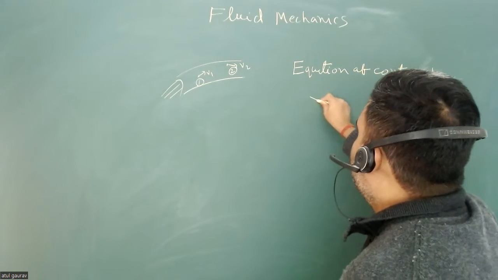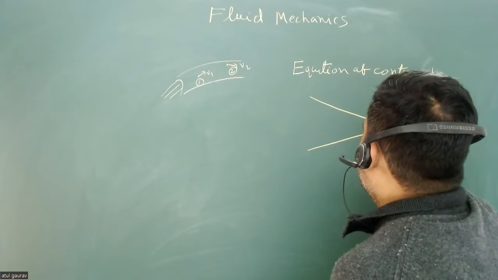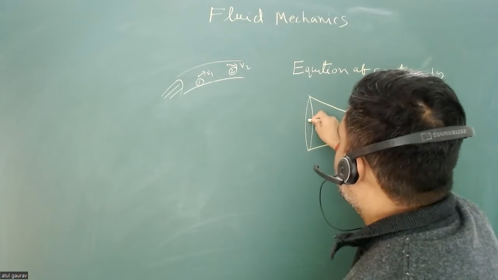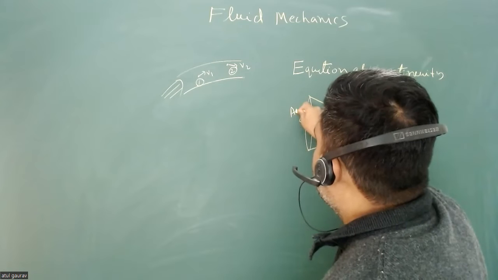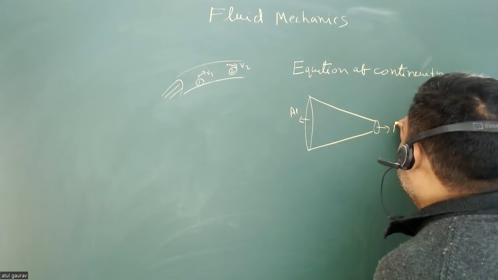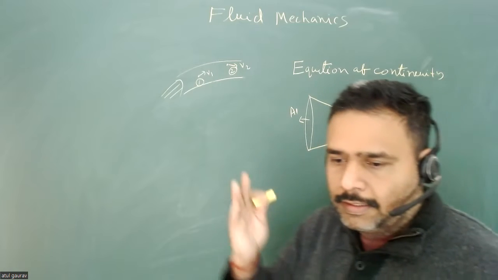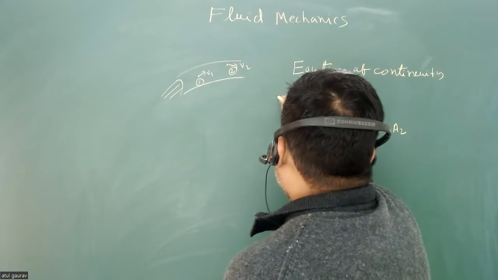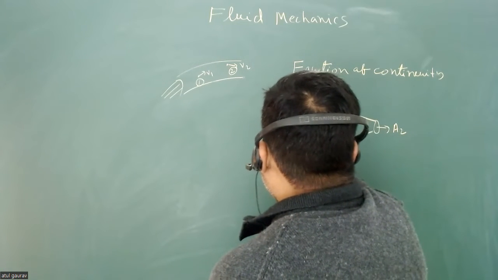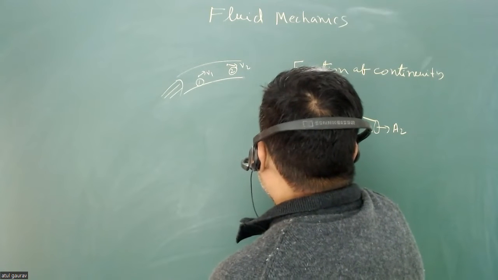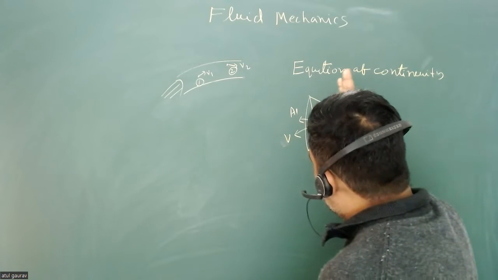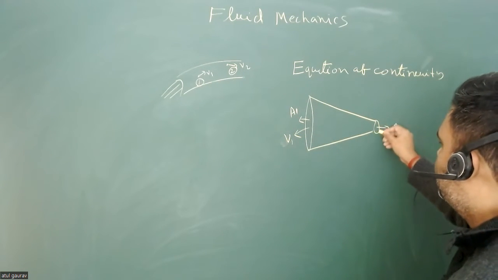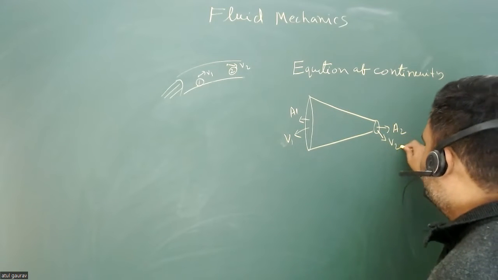Suppose we have this sort of flow, this sort of tube, and we have one cross section here. Let's say this cross section is A1, and here is another cross section, A2, and these are the areas of cross section. Liquid is flowing into this tube, and the speed of liquid when it reaches this cross section is v1, and when it reaches the other cross section, its speed is v2.